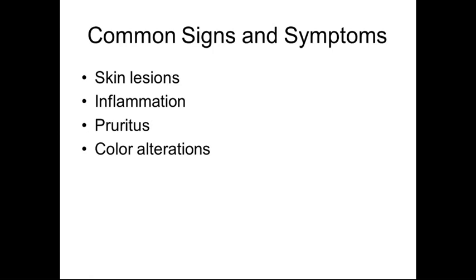Common signs and symptoms of disease in the integumentary system are skin lesions, inflammation, which consists of pain, edema, erythema, and heat, pruritus, which is also called itching, and color alterations.